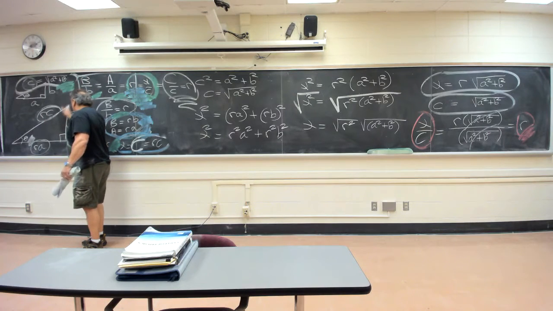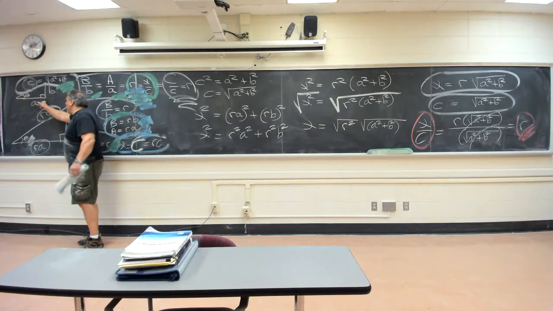what is long rise, RB, divided by short rise?